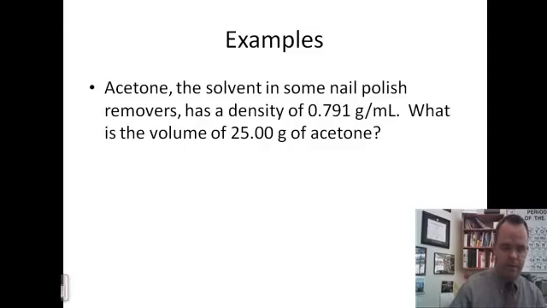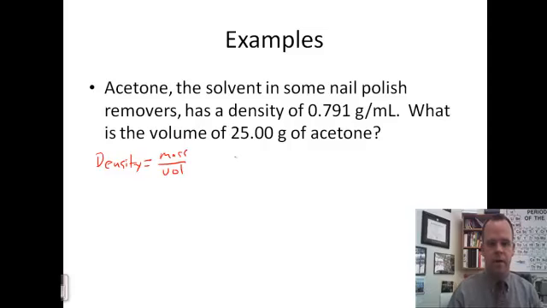Okay, we'll start with the equation. Density equals mass divided by volume. This time I'm trying to solve for volume, so I'm going to do the algebra first. Density times volume equals mass, cross multiply. Think of it as density divided by 1, so mass times 1 equals density times volume.